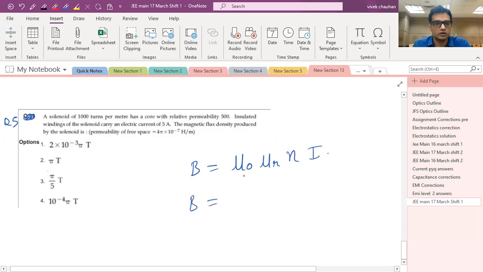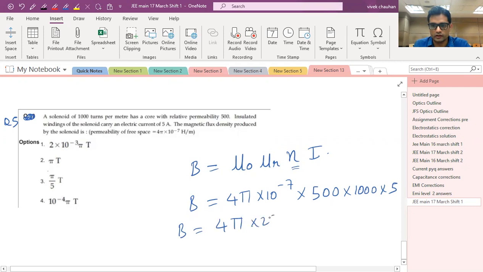So B is equal to mu naught, given 4 pi into 10 to the power minus 7, mu r is given 500, and this N is turns per meter, turns per unit length, which is 1000, into 5. So here we can say 4 pi into 25 into 10 to the power 5 into 10 to the power minus 7.